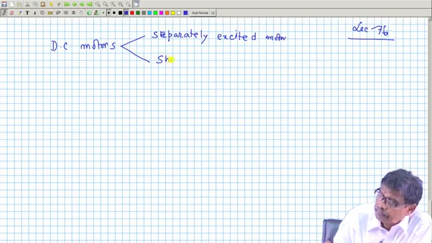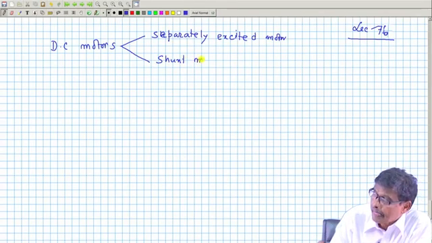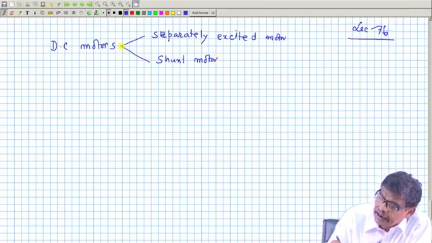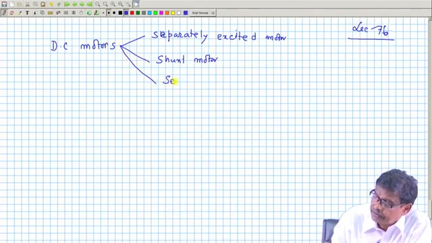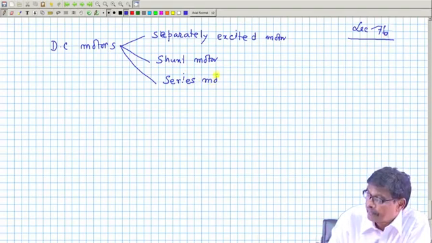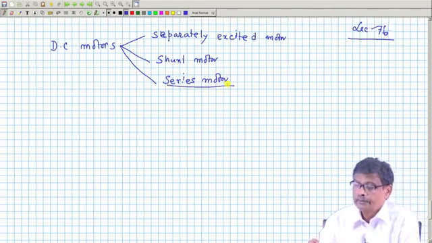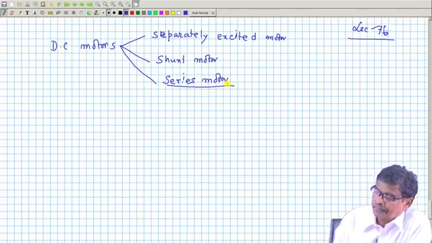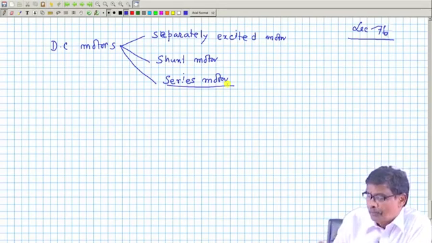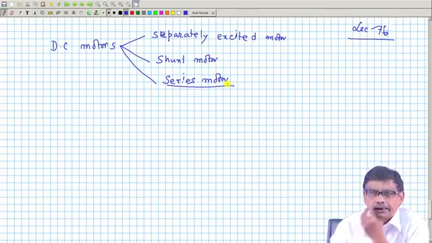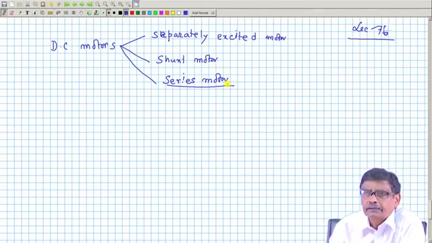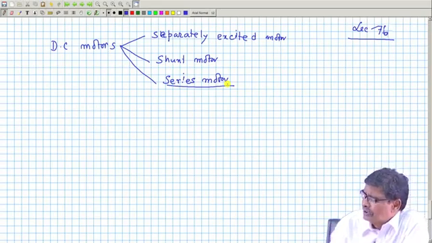Shunt motor, and another interesting motor, that is called the series motor. And we will try to understand each one of them. There are compound motors also. About compound machines I will make a general statement at the end; the computations are similar. There are compound generators and compound motors also.